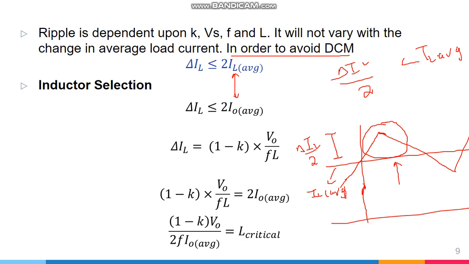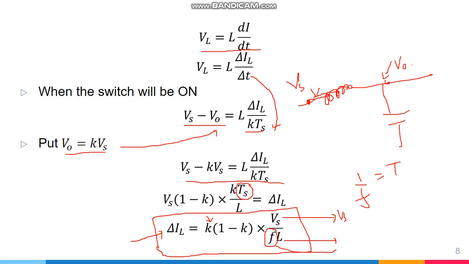So therefore, putting in the value of delta IL, we know it from the previous expression: delta IL is equal to K into 1 minus K into Vs over FL. The only thing is that I have put the value of this Vs in terms of output voltage.